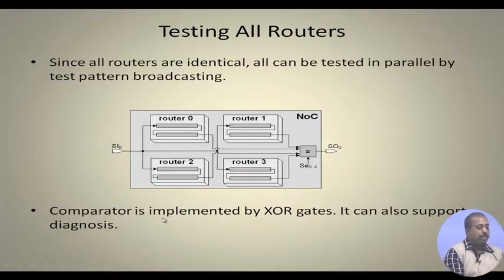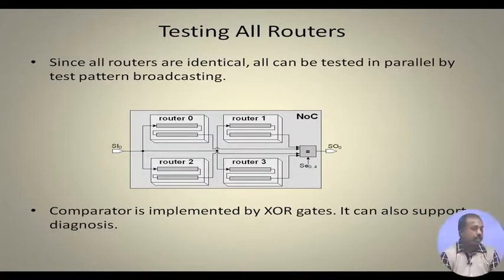The comparator is simply XOR gates, and naturally it can also do some sort of diagnosis, because if there is a mismatch, it will know for which router there is a mismatch, and it will try to see for which pattern it has failed and all that. There may be intelligence clamped onto this. In case of NOC design, we always keep some spares.